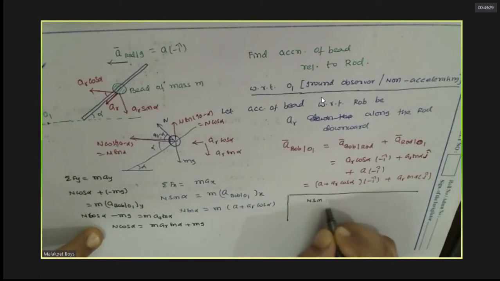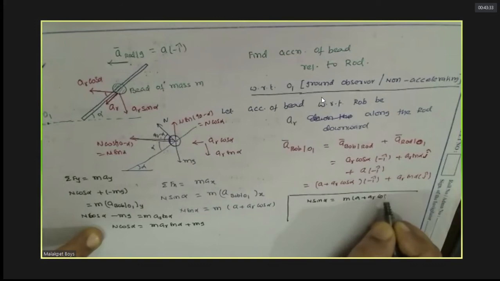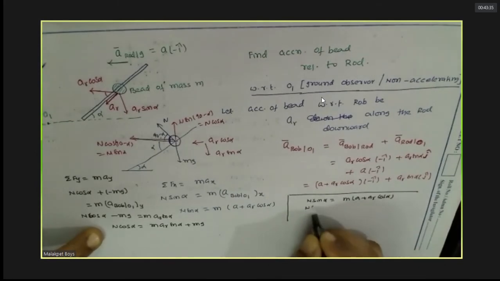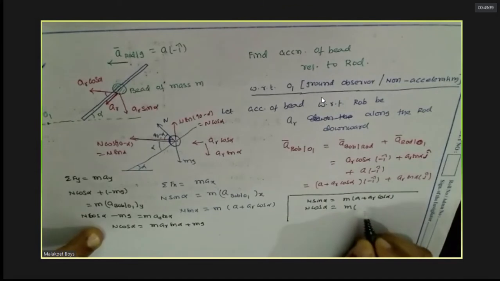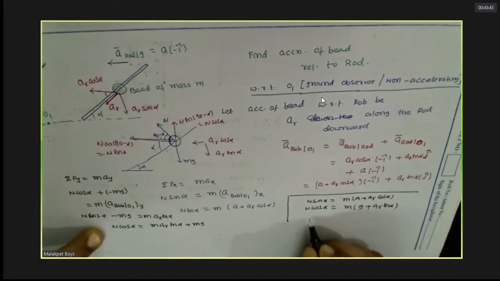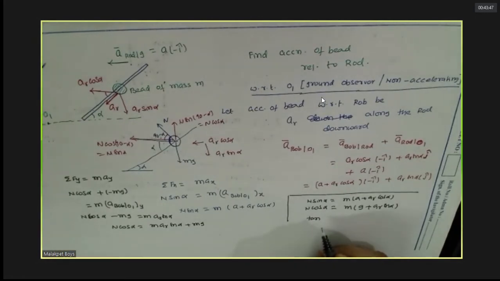N sin alpha equals m into A plus AR cos alpha. N cos alpha equals m into G plus AR sin alpha. Divide one by the other. What will you get here? Tan alpha.